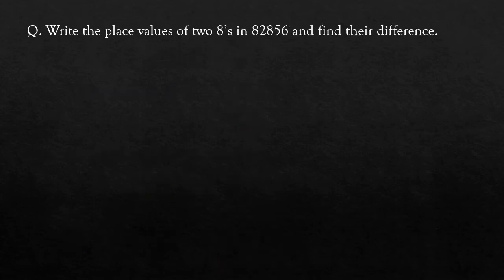Next question is write the place values of two 8s in 82,856 and find their difference. So here we have the number 82,856. Firstly, write all the places: ones, tens, hundreds, thousands, 10,000. So you can see two 8s are there. One is at 10,000 place and one is at hundreds place.